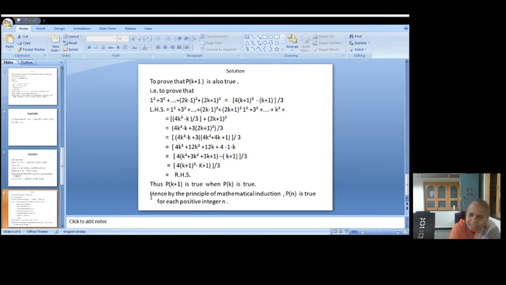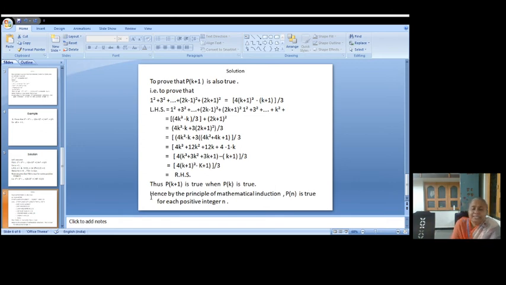Means the term is 3, we add 1 and subtract 1, that's why the term is 4 minus 1, means the original term remains as it is, and there will be no problem at all. Now then we take 4 as the common term, and we write 4 in bracket k cube plus 3k square plus 3k plus 1 minus, now here the term is minus k minus 1, and that's why we write here minus in bracket k plus 1 whole divided by 3.